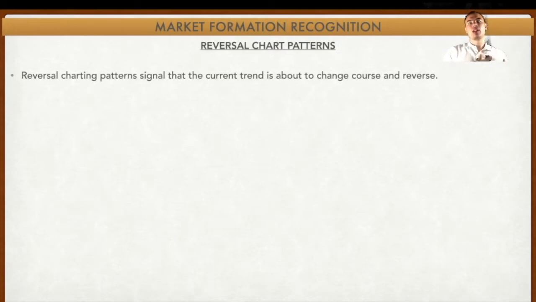So if we're in an uptrend and a reversal market formation pattern occurs, you know that it's most likely going to turn into a downtrend and we need to start looking for sells. The same if we're in a downtrend, price is making lower lows and lower highs, and then a reversal pattern occurs, then we're most likely going to look for buying opportunities because it's about to reverse.